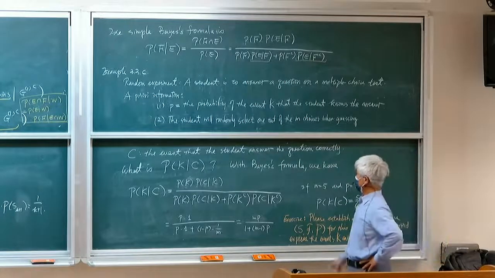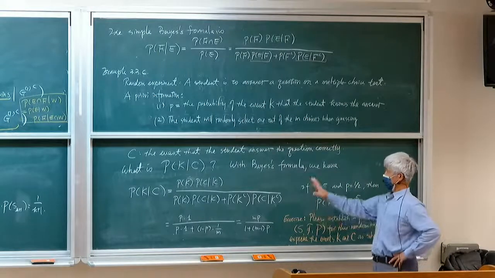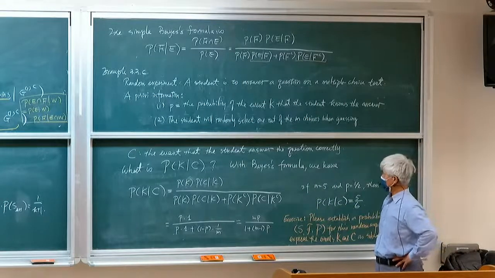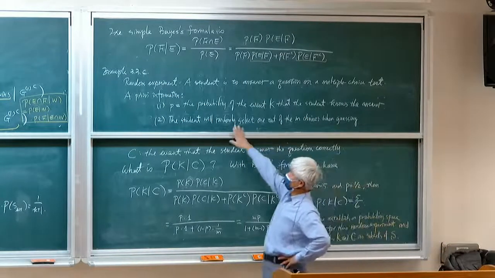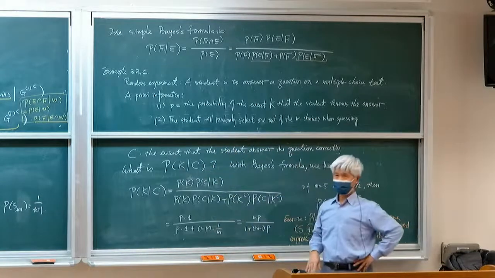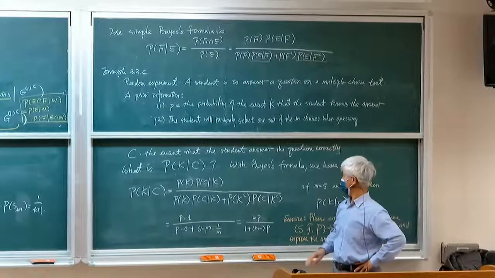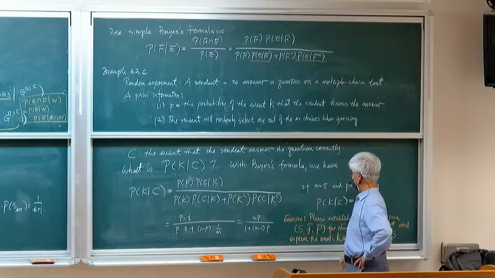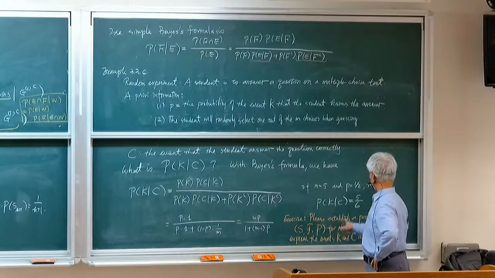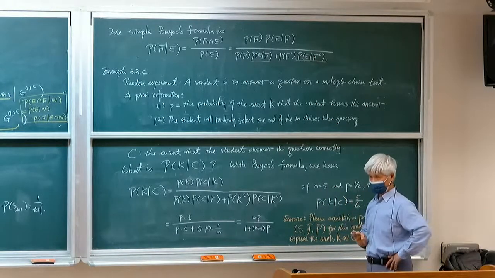So basically I did not establish a probability space first for this random experiment. I just used prior information here, okay, to solve the problem. But it will be interesting if you can establish a probability space for this problem. It's not complicated at all, okay?